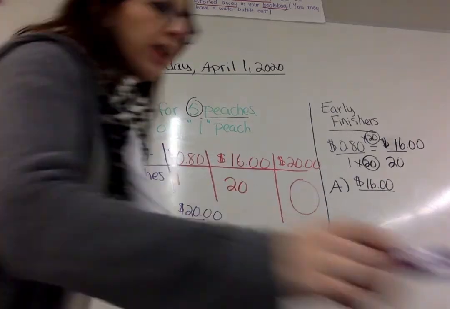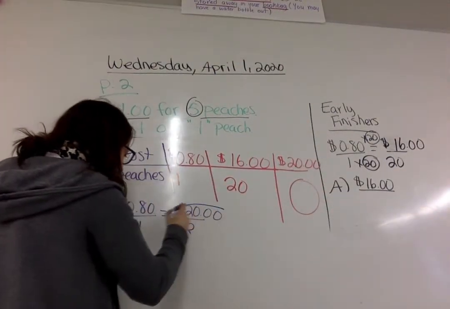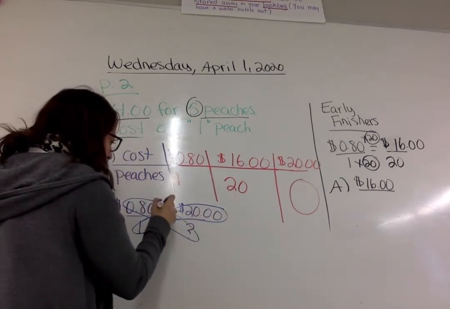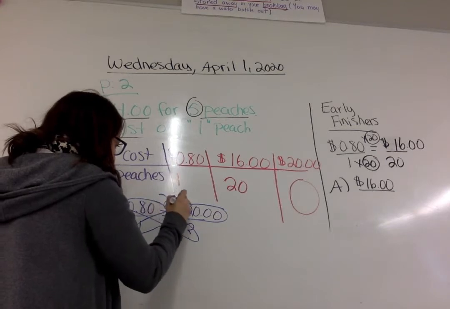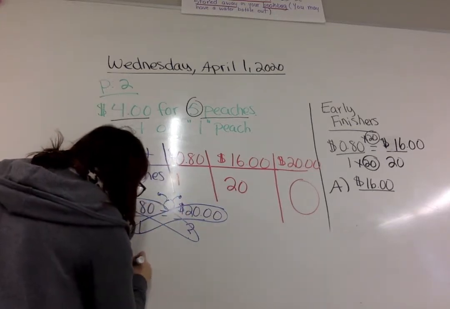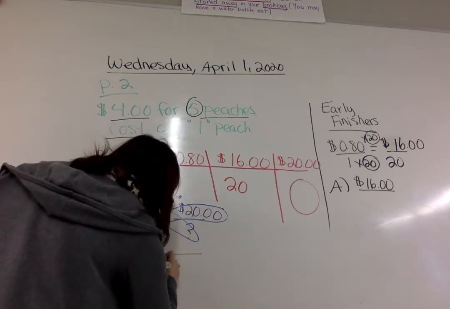So we're going to do the butterfly method. We're going to multiply 20 times 1, which is 20. And 80 times the something is 80 cents. So now, technically, what I got is 0.80 divided by 20.